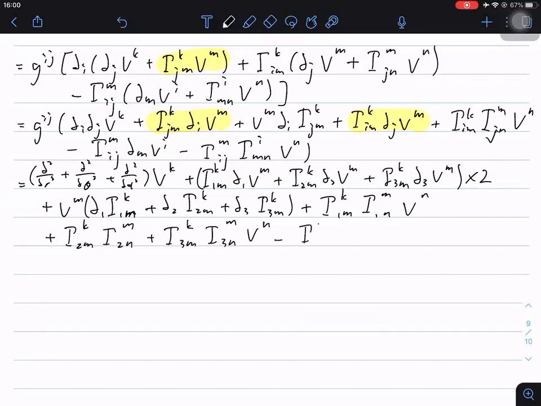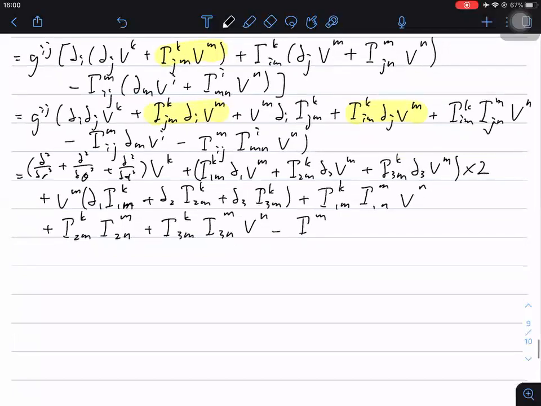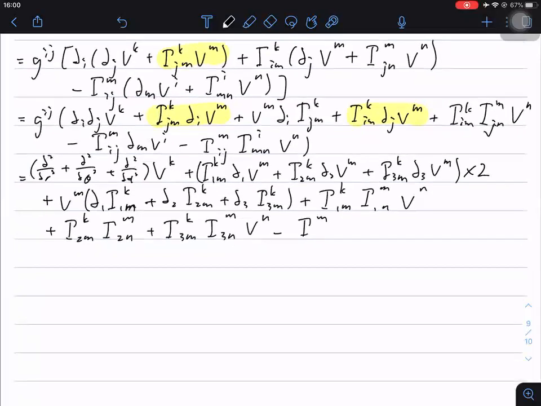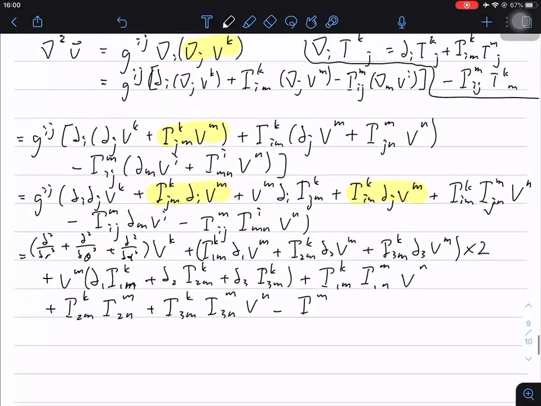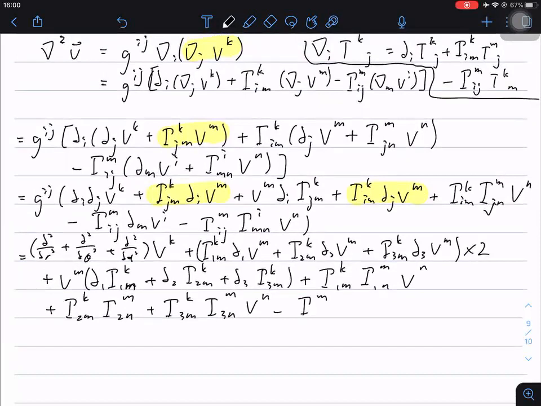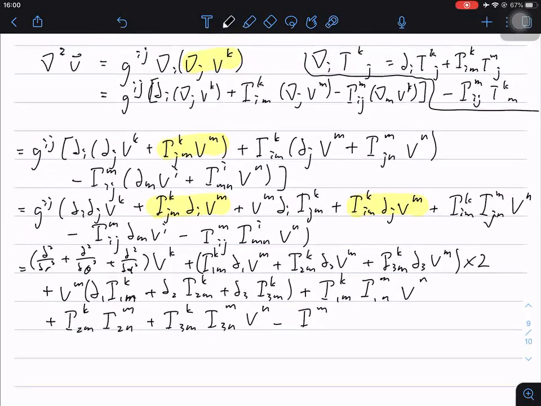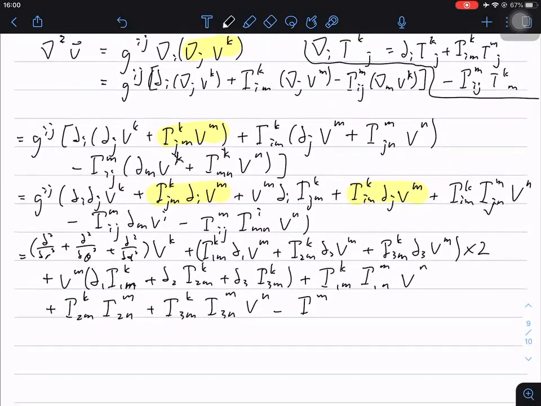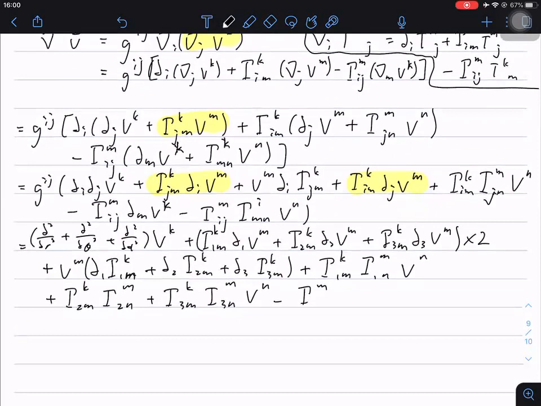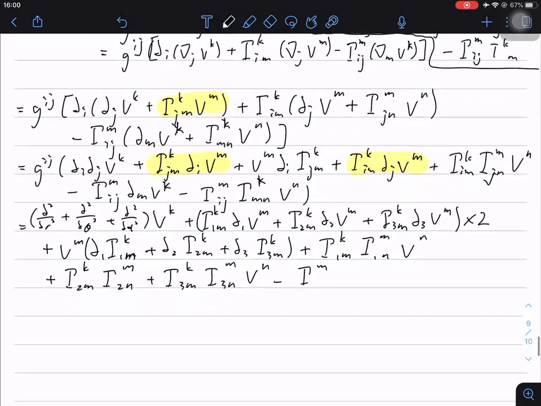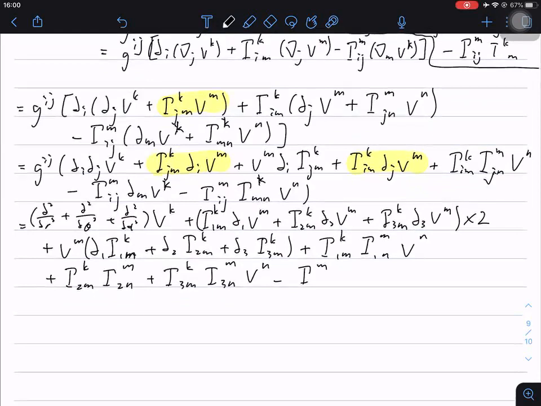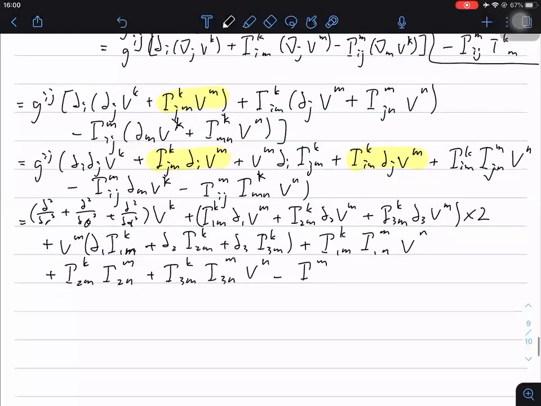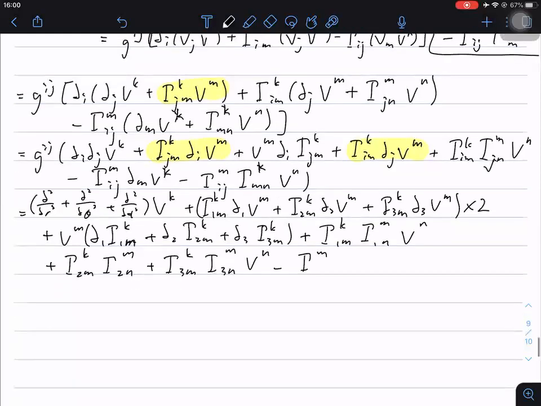Okay, did I miss something here? Because it seems that this one should be k. Yeah, k, k, k. Yeah, I know this is a mess and I don't really want to do this as well. But okay, let's continue.